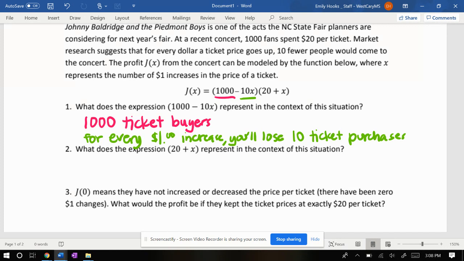Then the second part of the equation says 20 plus x. So what does the expression 20 plus x represent in the context of this situation?